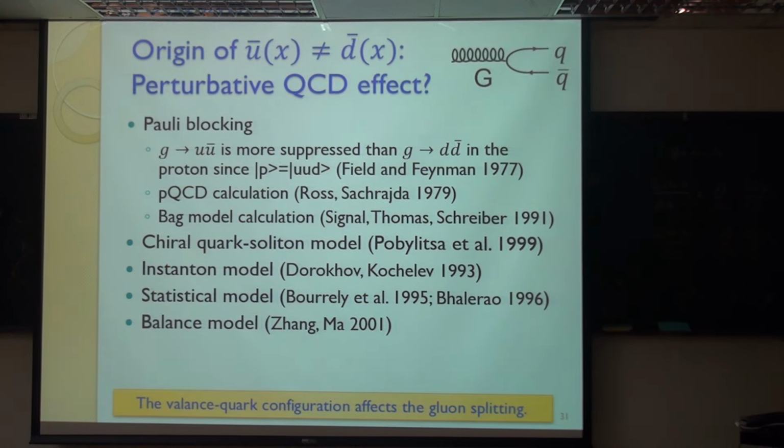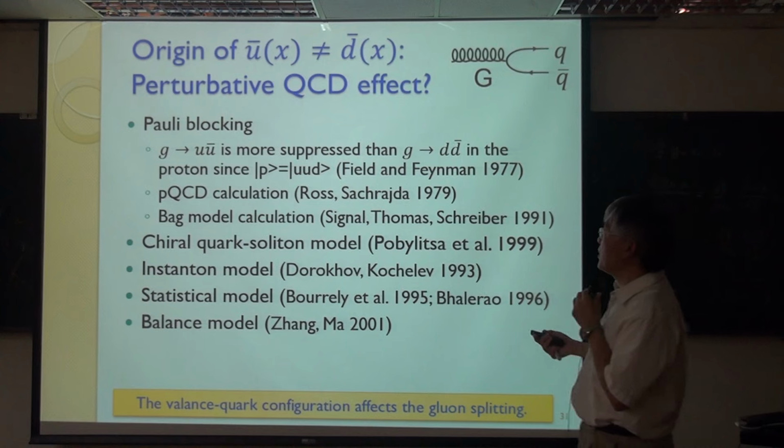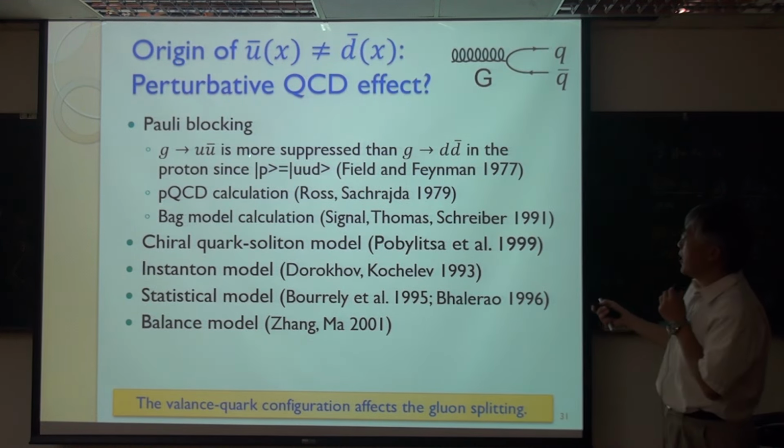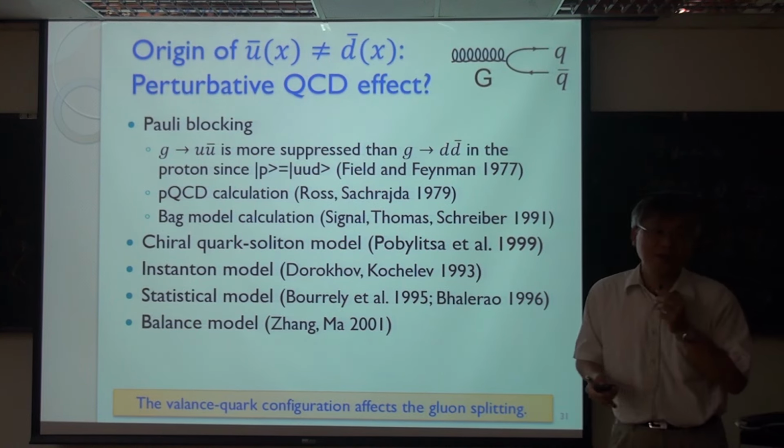Here I just introduced that experimentally we do observe u bar has a different x distribution from d bar. Then you might want to ask why. What should be the cause? Quantitatively it can be explained by Pauli blocking.